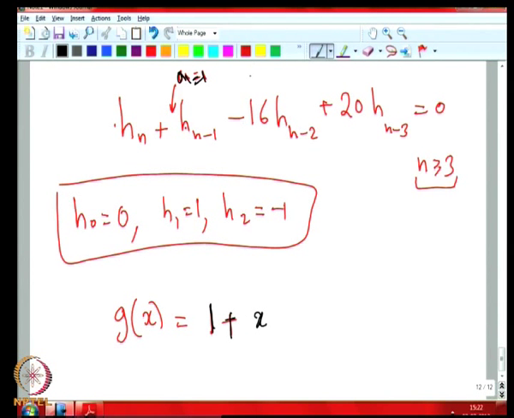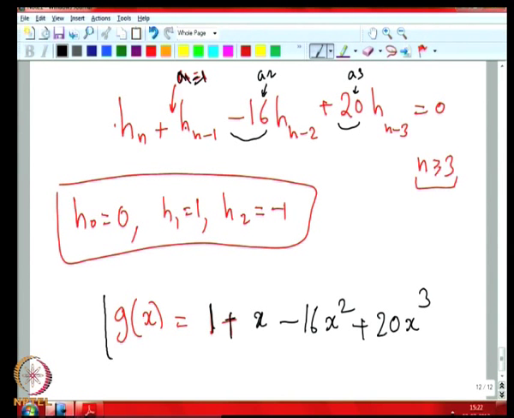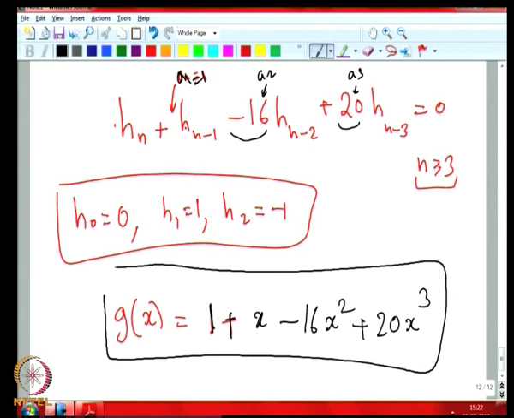Then a2 is minus 16, so minus 16 x square, and a3 is 20, so plus 20 x cube.